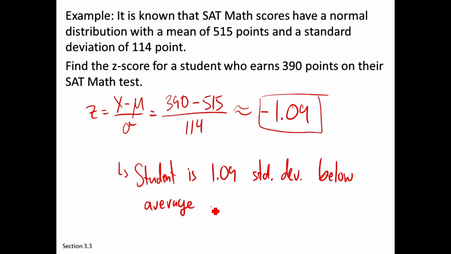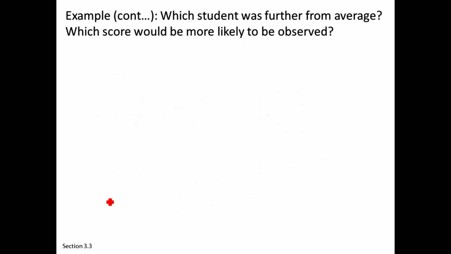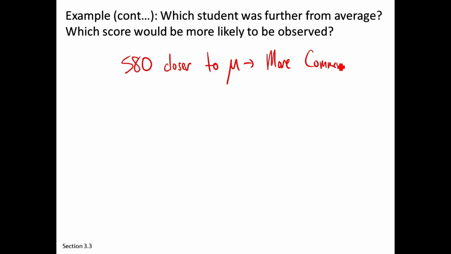All right. Above average positive, below average negative. Which one of these students was further from average? Which one of these do you think is more likely to be observed, actually? Yeah, so even though the 580 is above average, the 580 is closer to the mean, which means it's more common, in a normal distribution at least.